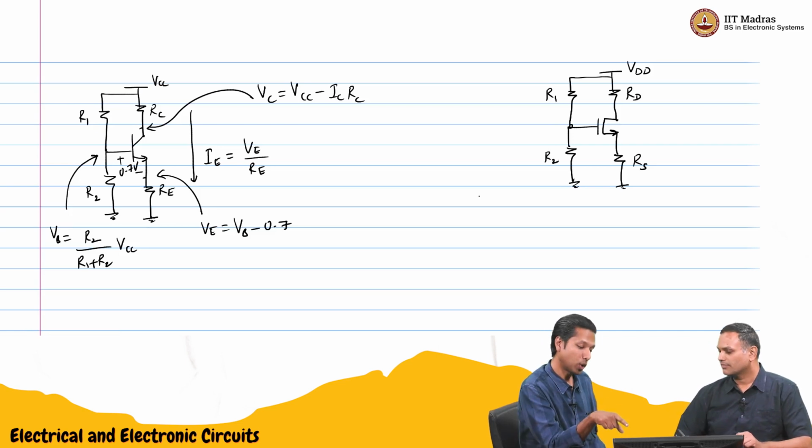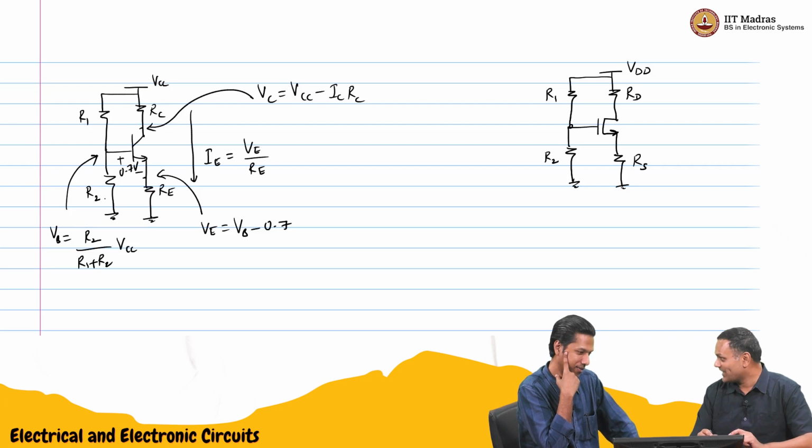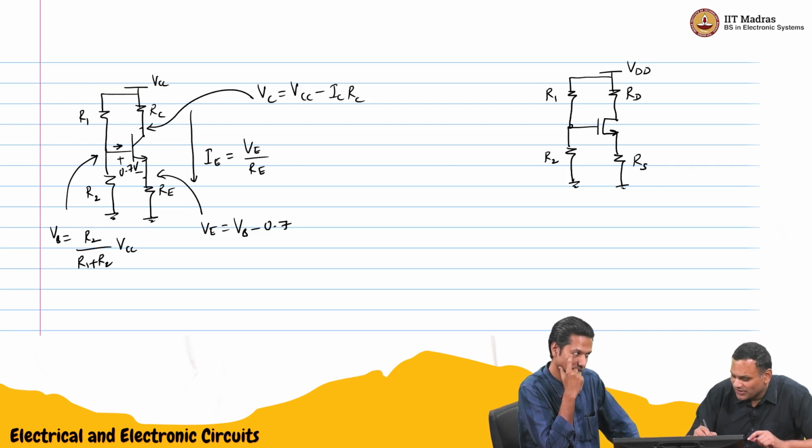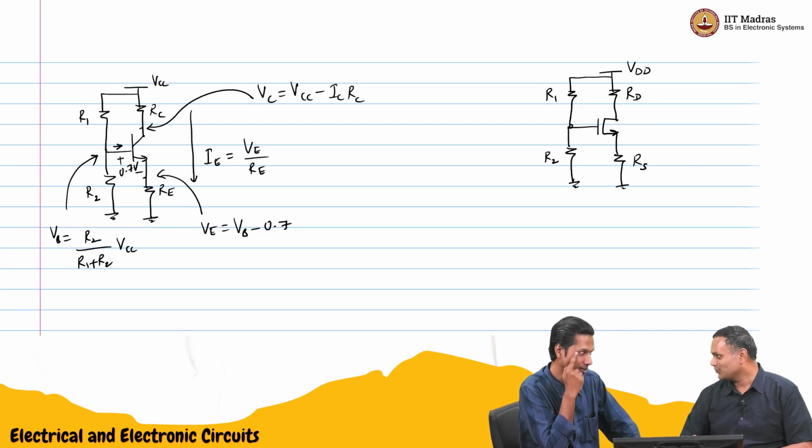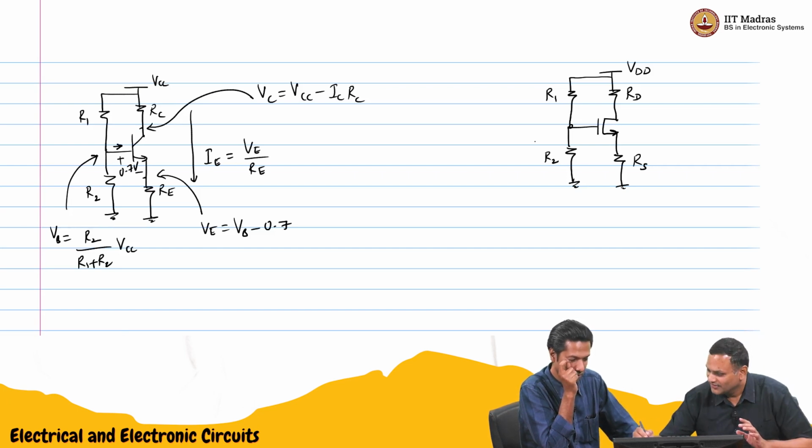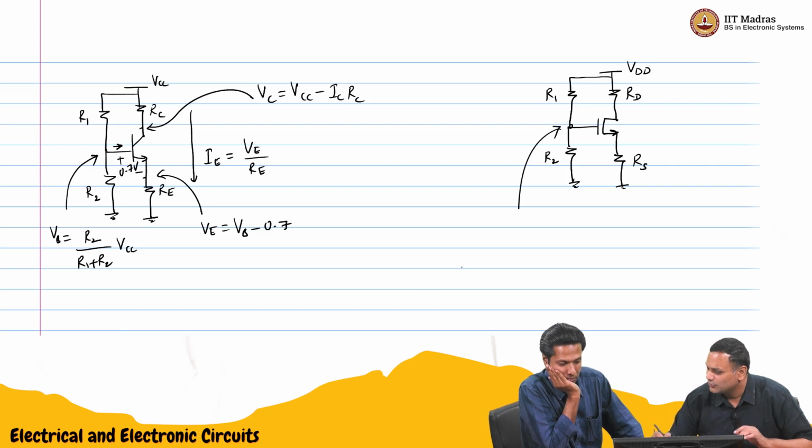But now there will be no current drawn through R1 to the gate. Here you had to be careful about how you choose R1 and R2 based on the base current. Here we don't have to worry at all. The good thing is this voltage is always R2 by R1 plus R2 times VDD.